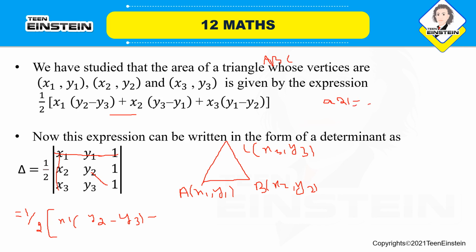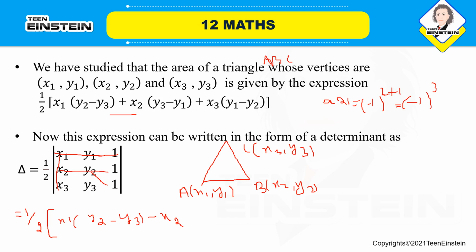This is minus 1 whole to the power 2 plus 1. So we have a minus sign here, minus x2 into, now delete the row and the column having the element x2.